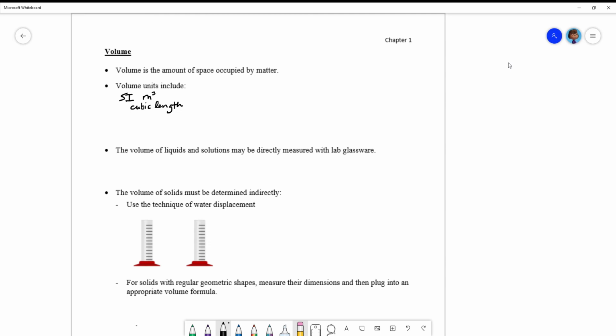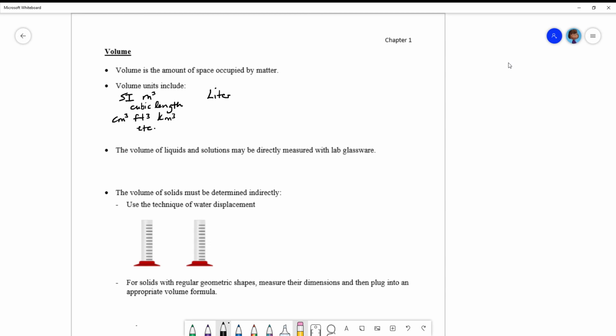So that would include things like, say, cubic centimeters, or cubic feet, or cubic kilometers, and we could keep on going and going and going with this. But they're all volume units, even though the technical SI unit is the cubic meter. Well, there's another system, a very important system of volume units that we scientists like to use, and that is the liter.